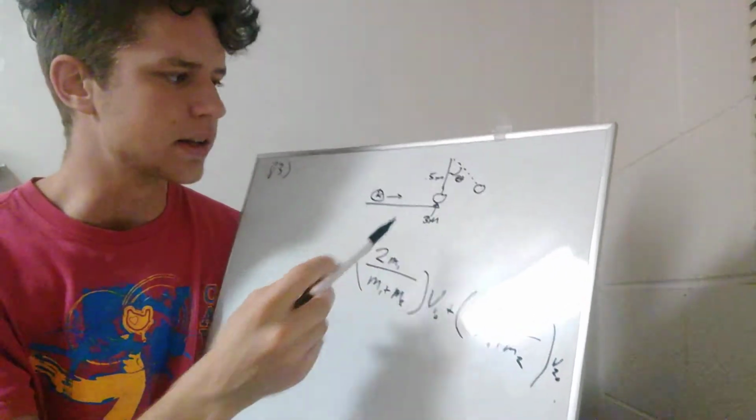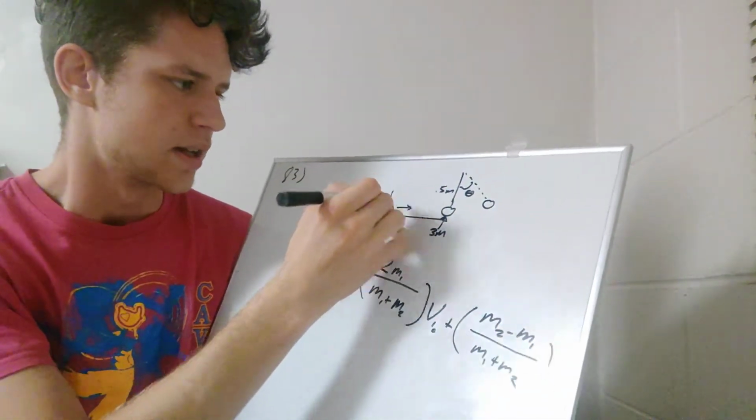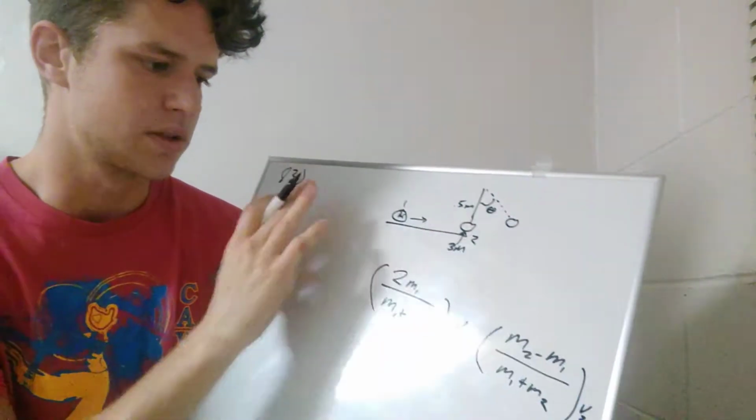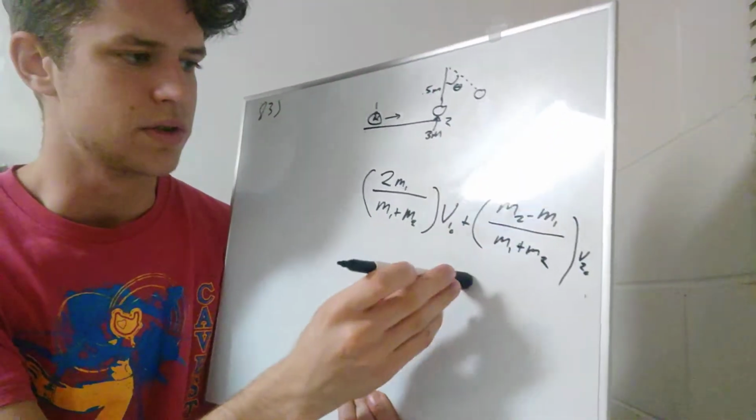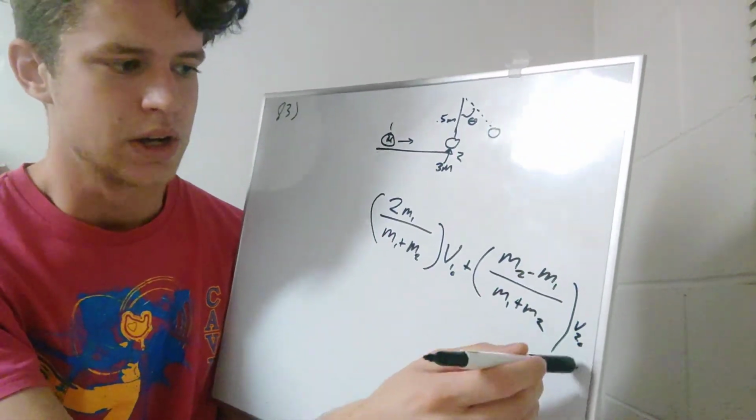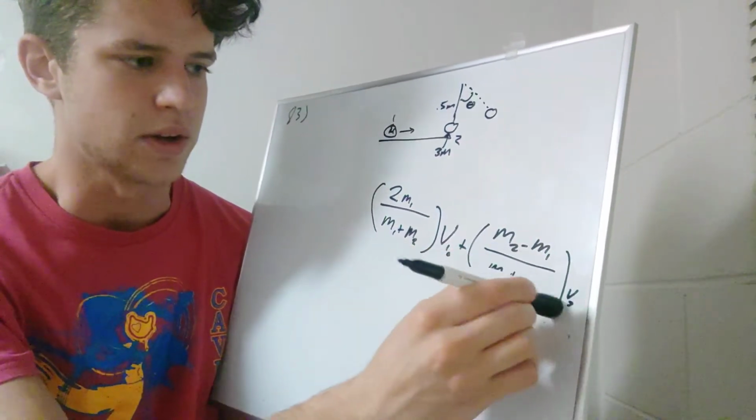This is m1, this is m2, just to be clear here. So the initial velocity of 2 here is going to be 0, which means that all of this is just going to go away.